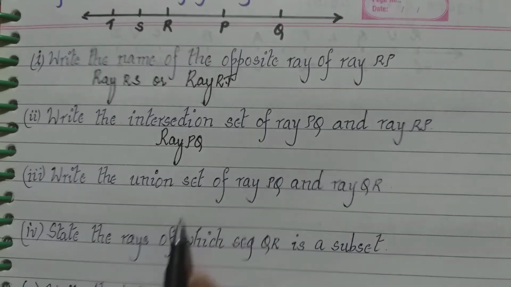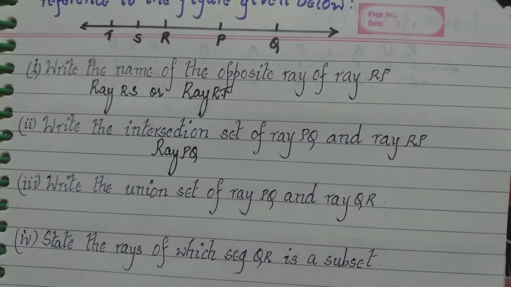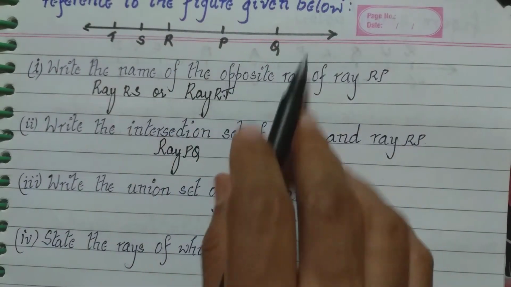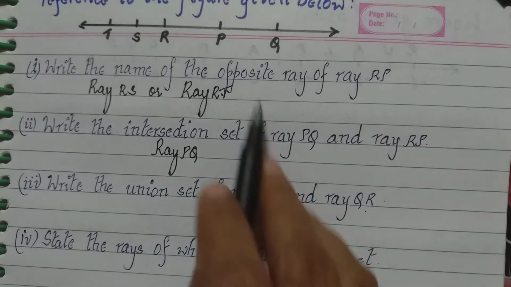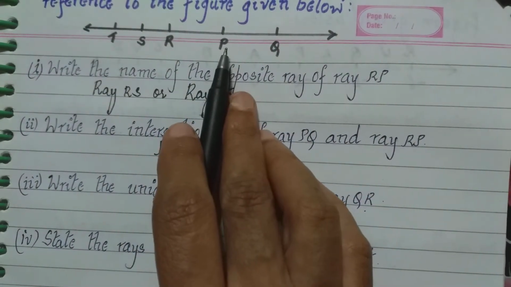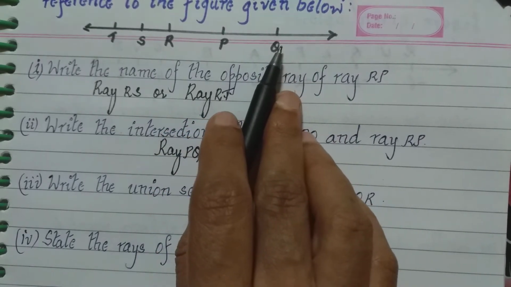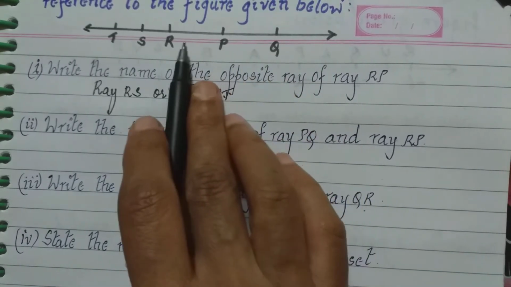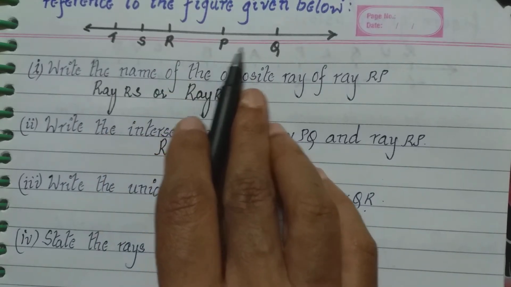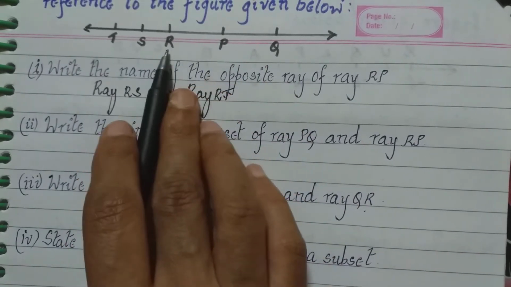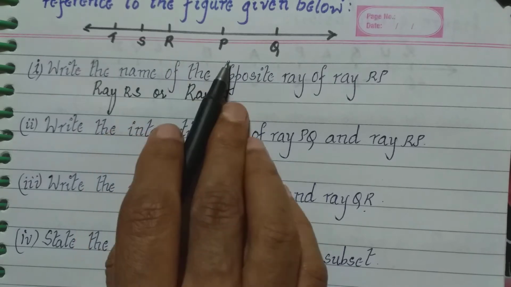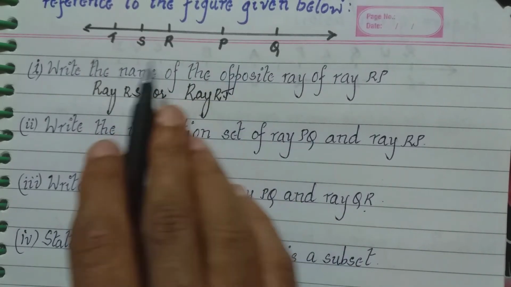Now next is write the union set of ray PQ and ray QR. Now ray PQ starts from here and goes further. Ray QR is starting from here and going further. Now you will see that PQ is a part of PR, right? PQ is a part of PR.